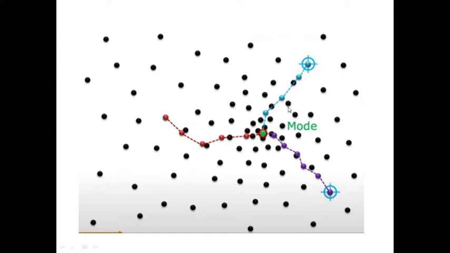So many points are also climbing the same hill and ending up here, right? So all these pixels are converging to the same mode. That means all these feature vectors belong to the same cluster. This is the idea of the mean shift algorithm.